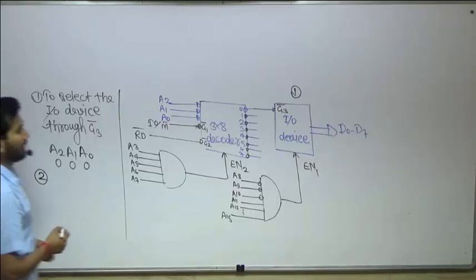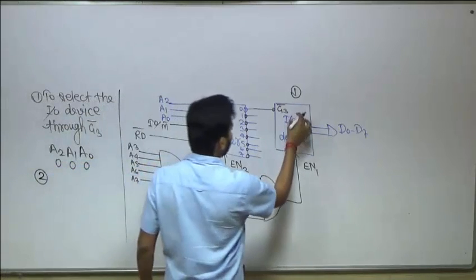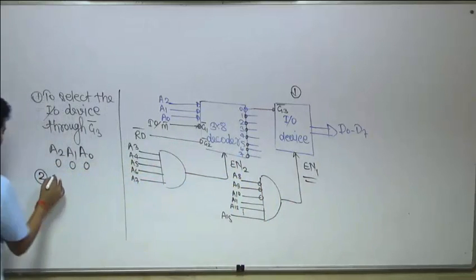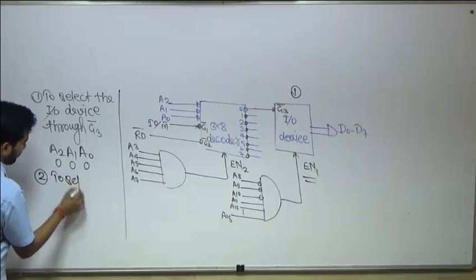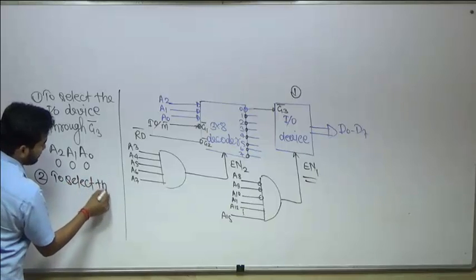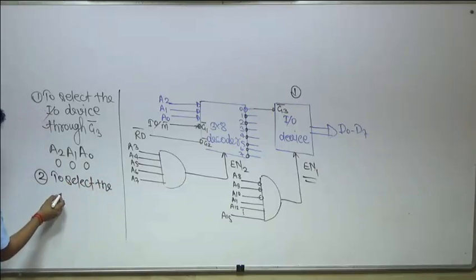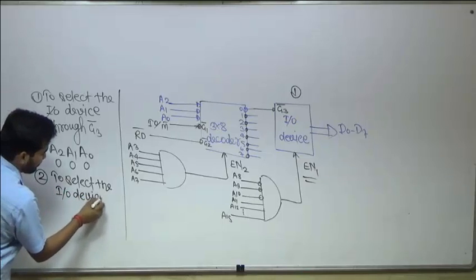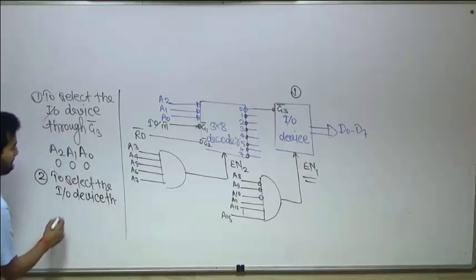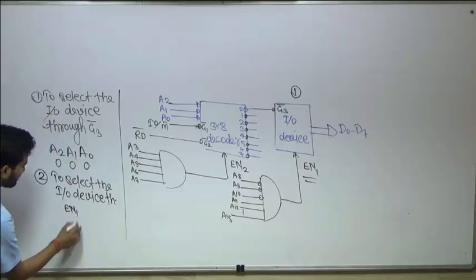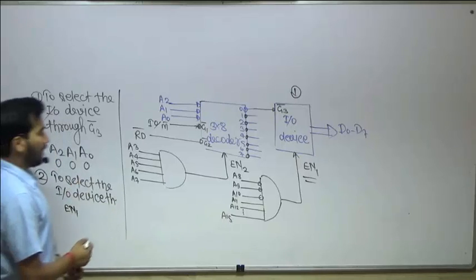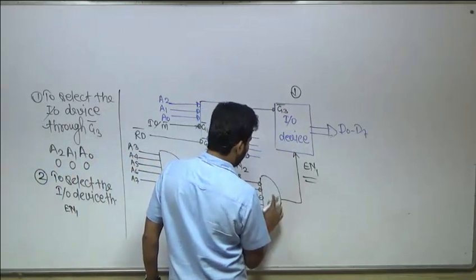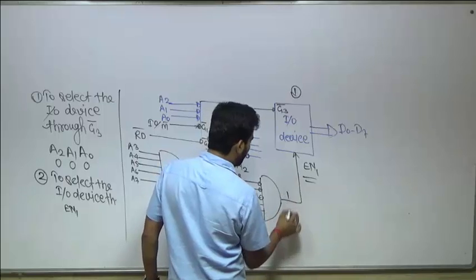Second, to enable or select the input output device through EN1, the output of this AND gate should be 1.